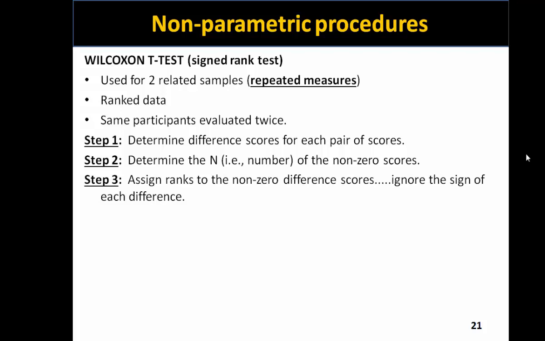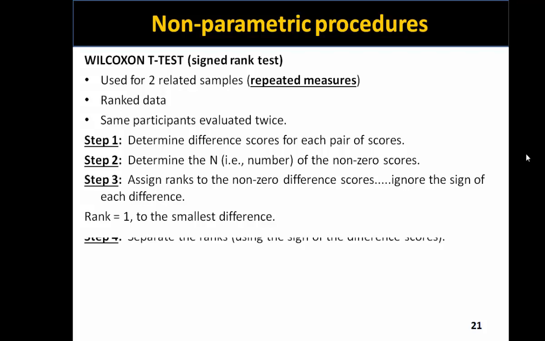The non-zero difference scores are then assigned ranks. So in a similar manner as we observed in a previous lecture with the Mann-Whitney U-test, the raw scores are assigned ranks, except in this case the ranks are assigned to the difference scores. The rank of 1 is assigned to the smallest difference, and then the ranks are moved from smallest to largest.